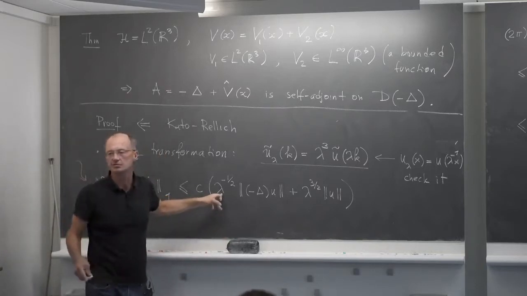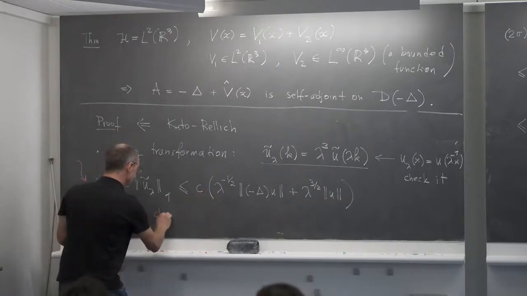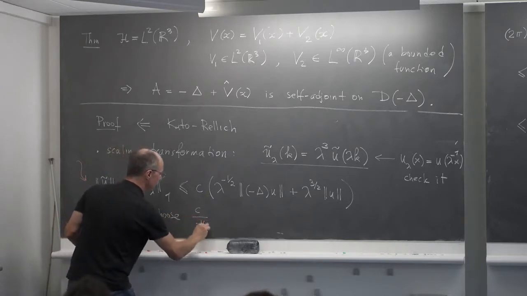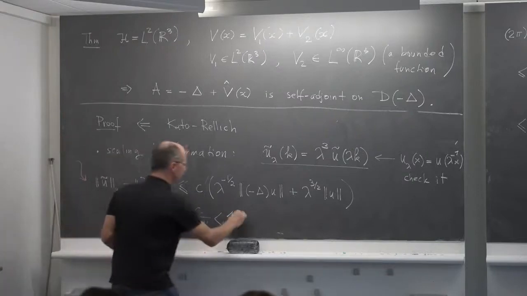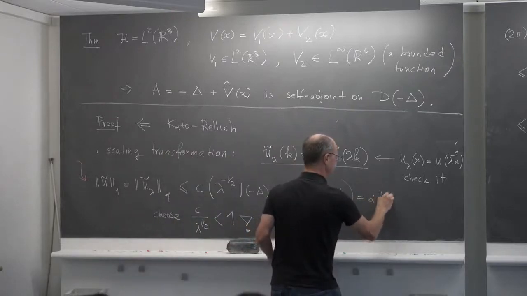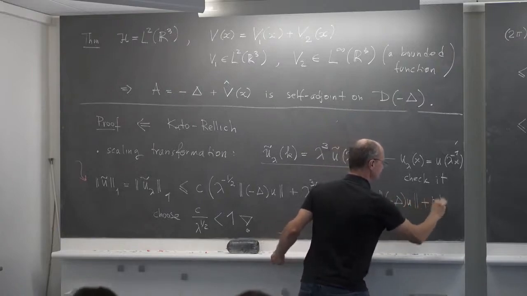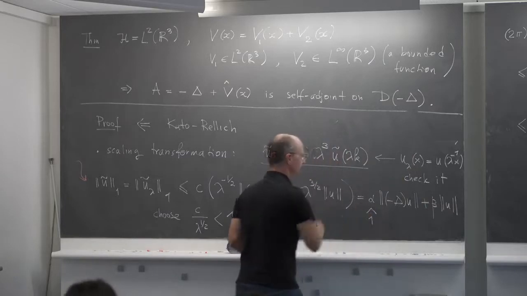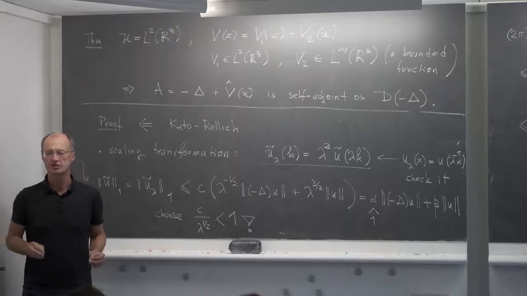You can choose lambda. Lambda is an arbitrary positive number. So let's choose c over lambda 1/2 smaller than 1 and call it alpha. So this is equal to alpha minus delta u plus beta u. So this is smaller than 1. And that's the Carter-Ehrlich estimate.